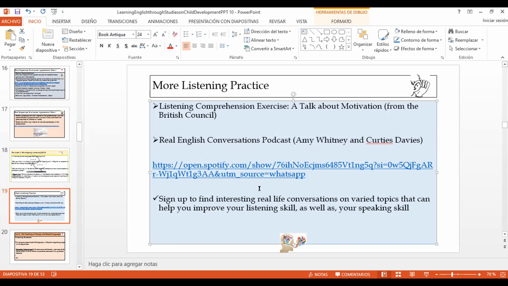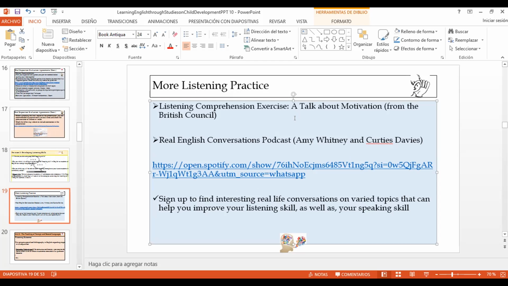And that is something you can do even just when doing something else. Also from YouTube, you can find lots of people talking in English about different topics. Find something that you're interested in. The point is that you develop as much as you can this skill, something that you can do every day a little bit.